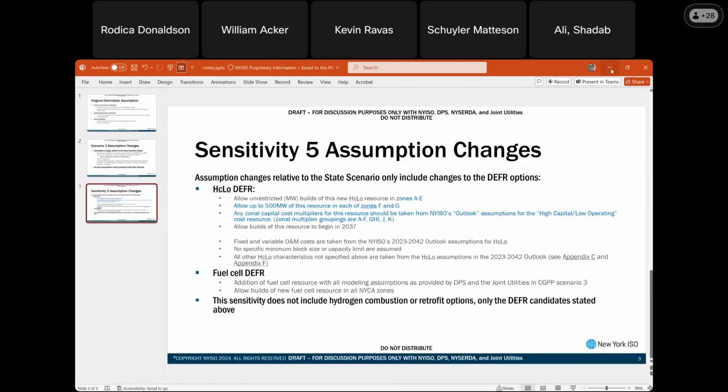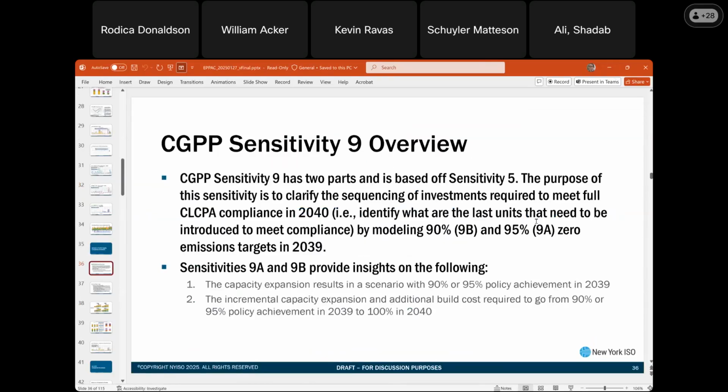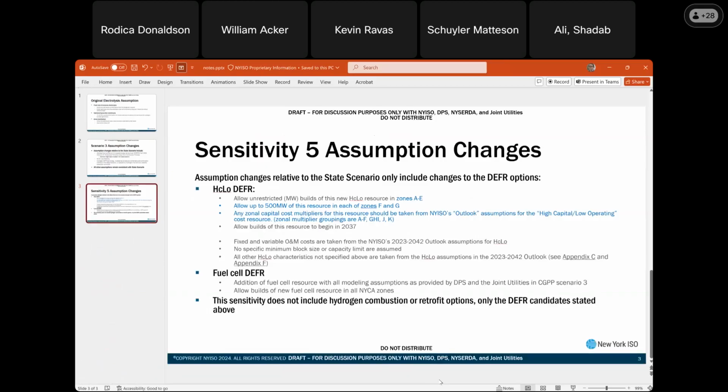In the state scenario, we had the hydrogen powered simple cycle and combined cycle turbines, versus sensitivity 5, where we removed those and instead had the fuel cell defer option, which we had seen in scenario 3. So same assumptions for the fuel cell from scenario 3, and it's also allowed to be built in all NICA zones.